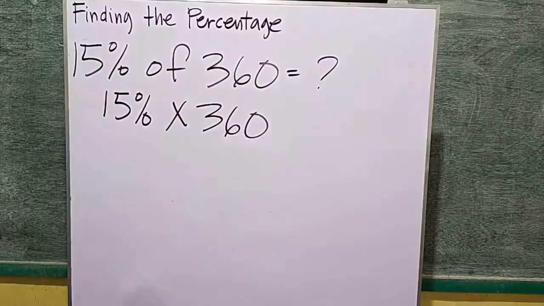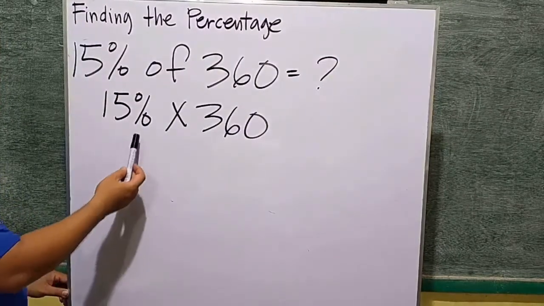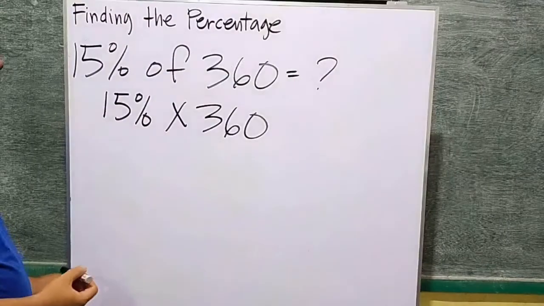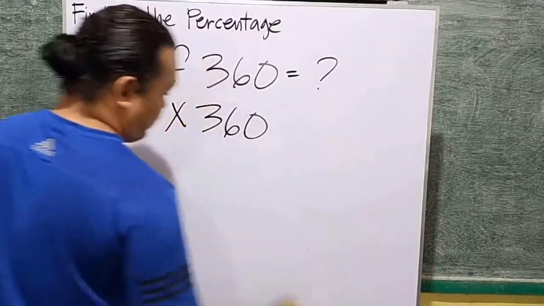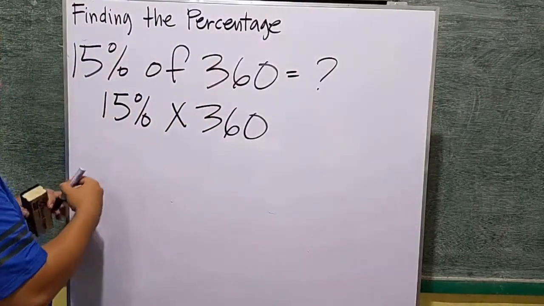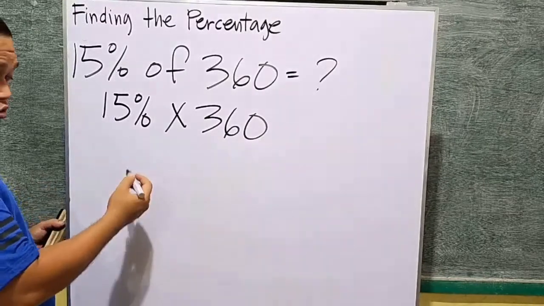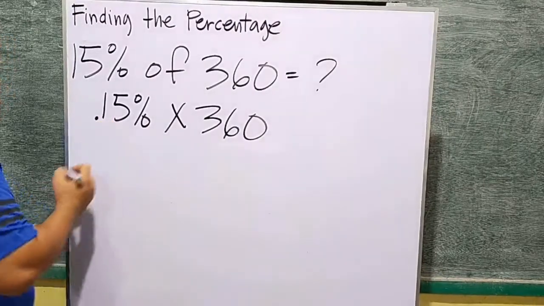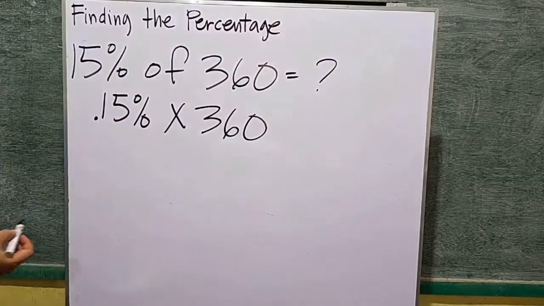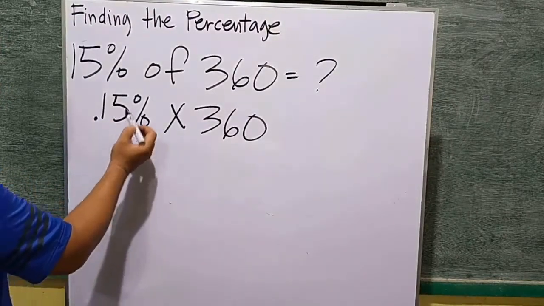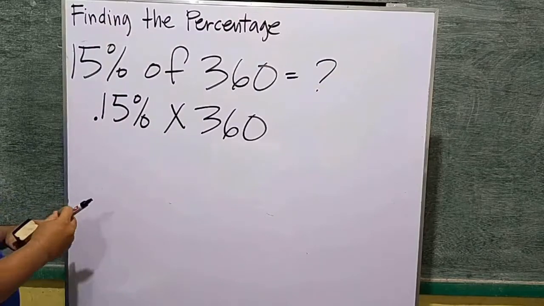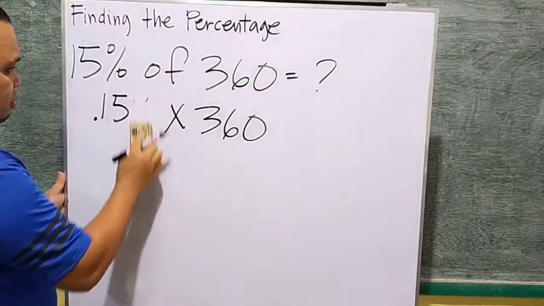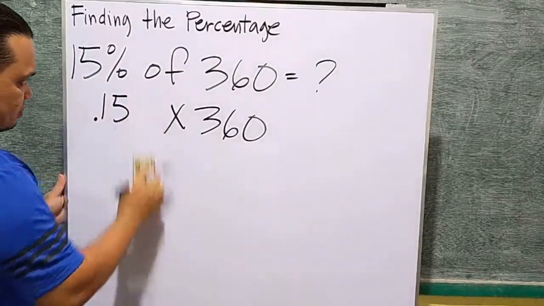We need to change this percent into a decimal number. How? By moving the percent 2 steps to the left. 1, 2. We have our decimal point here, and drop the percent sign.